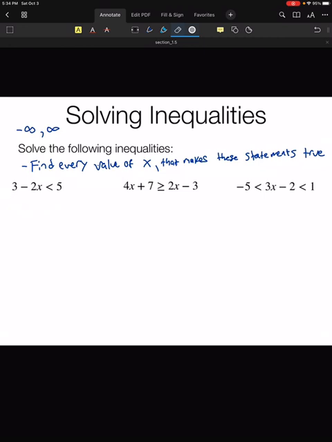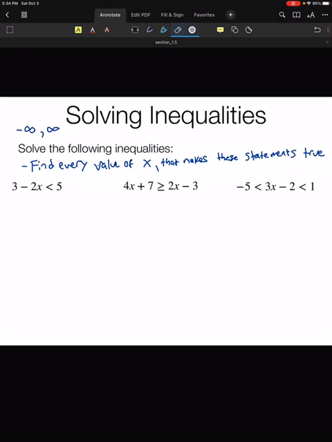The same rules apply, for the most part. There are a few different ones you have to keep in mind when solving inequalities, but on the whole, it's just like solving an equation. Now we just have an inequality. I want to get x alone. That's going to give me the values that I want.